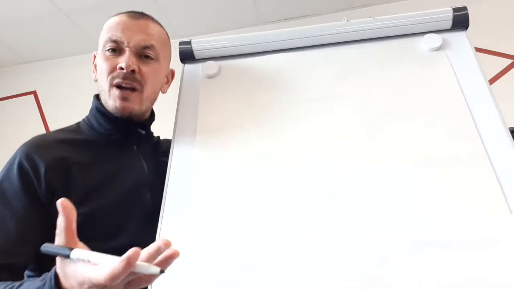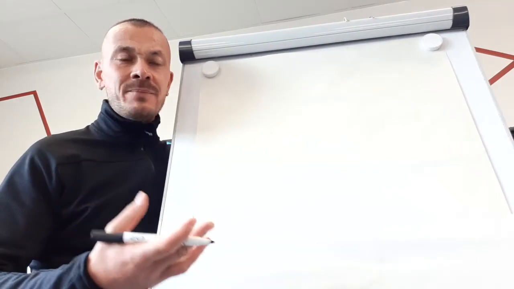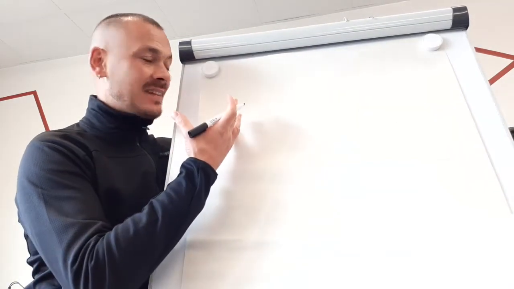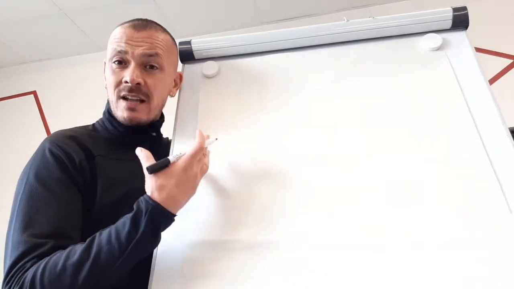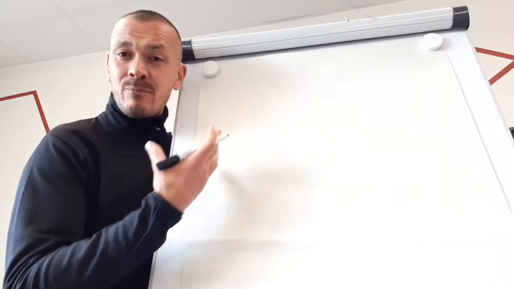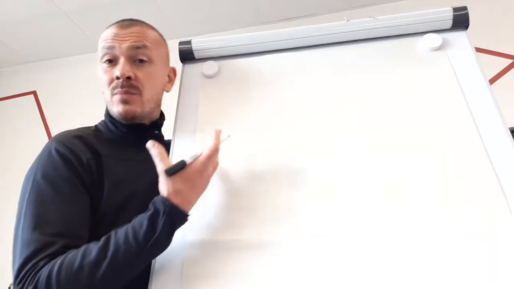So what do I mean by graphic scoring? It's a way of writing things down on the board or on a piece of paper that we can understand, that represents to us music notation.